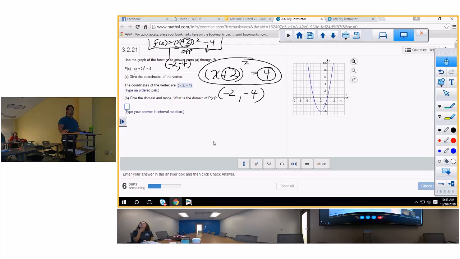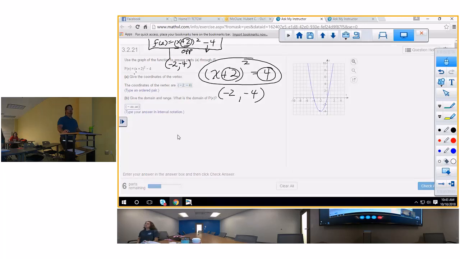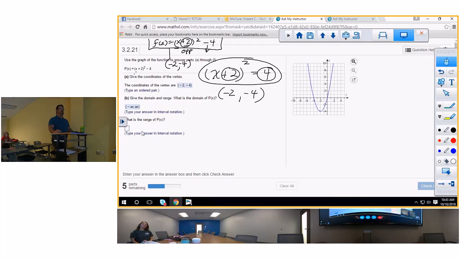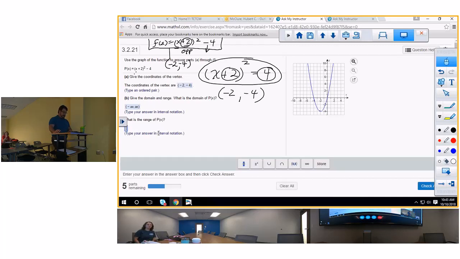So the domain is all real numbers, and you put a negative in front of that one. Range is from -4 to infinity. Bracket -4 to infinity. So all of you should know this.